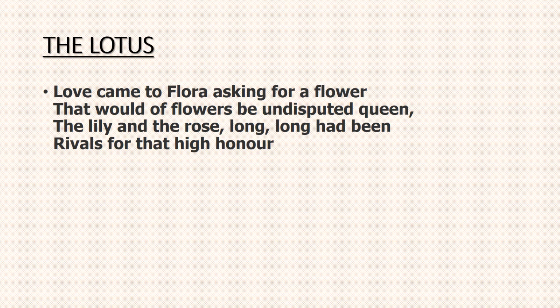These two flowers appear as rivals because of their beauty, their stateliness, their qualities. For long they had been rivals, claimants of this honorable position of being the undisputed queen among flowers. So they are the two contestants that have their claim, the lily and the rose.